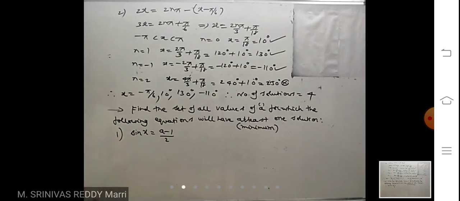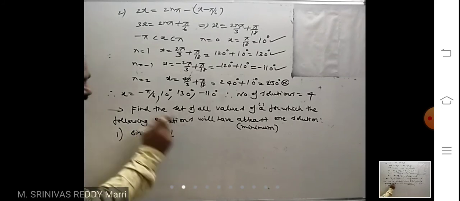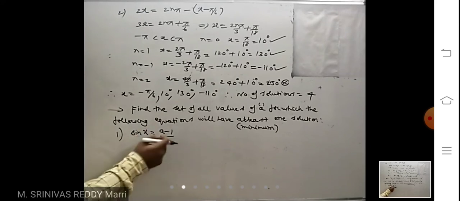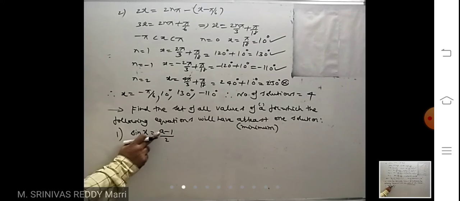So when it will have solution, if this side constant is there, that must always lie between minus 1 and 1. Suppose I have substituted a equal to 1. What is that? This will become 0. 0 is nothing but between minus 1 and 1. You will have solution. It is possible. Next, suppose sin x equal to 2.